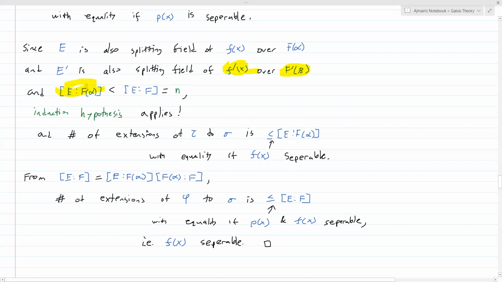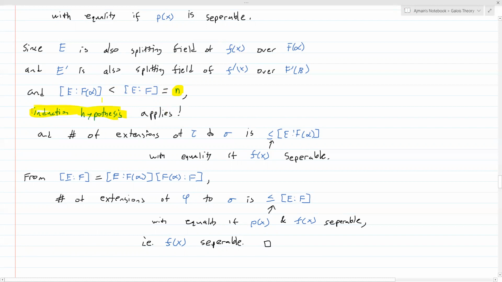and the degree of the splitting field over the base field, now we're considering F adjoint alpha as the base field, is less than n, right? So this inequality is true because it's a smaller extension, and this is n, we can apply the induction hypothesis.